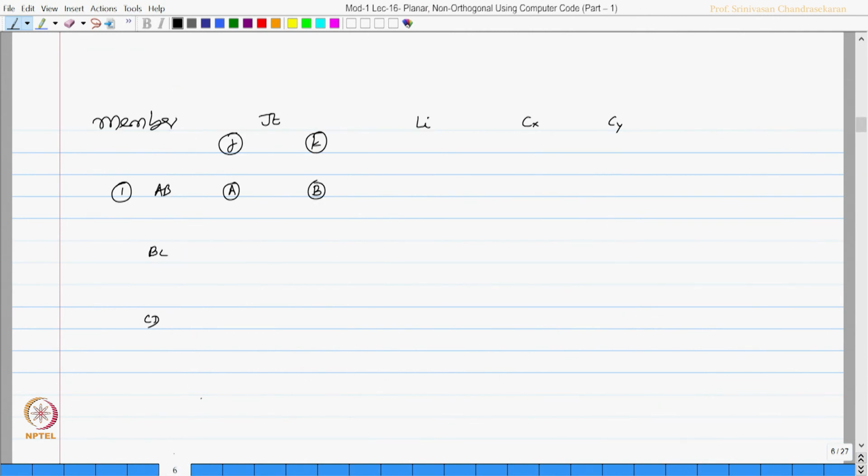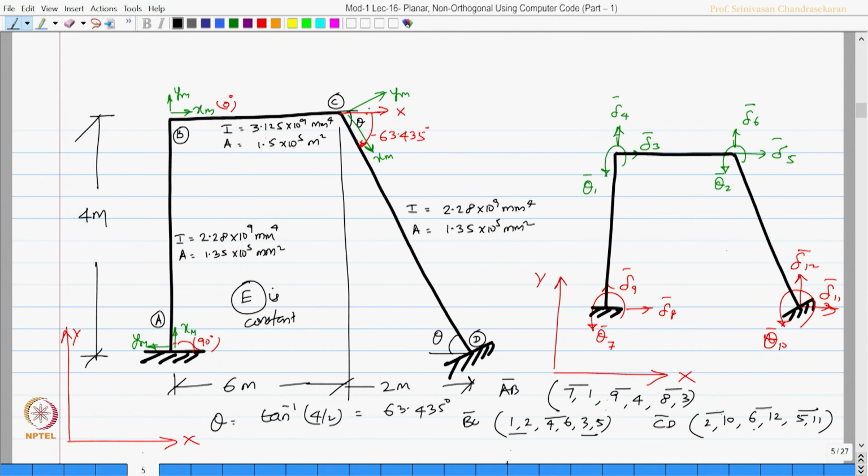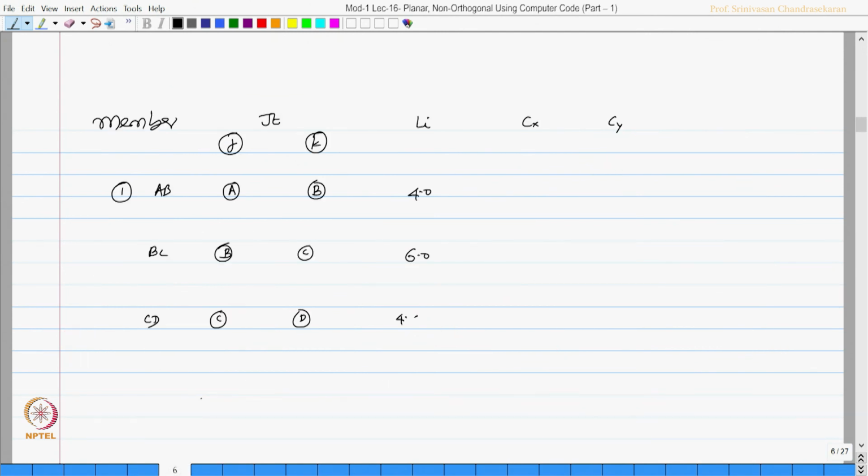AB, BC and CD. The length of this member is going to be 4 meters, this member is going to be 6 meters, and this member is going to be the square root of sum of squares, which is going to be 4.472 meters.